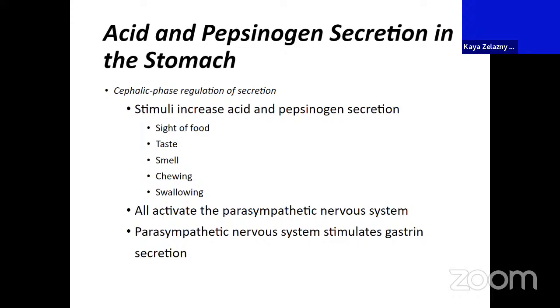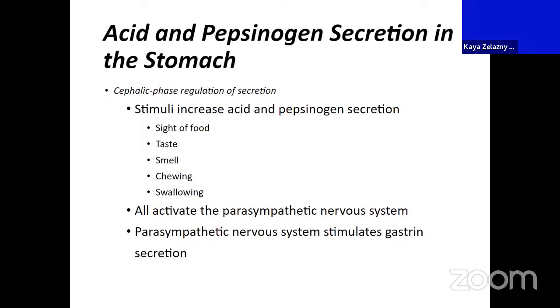You can physically feel swallowing. All of this is sending signals up to the medulla oblongata. And that is going to send out signals through the parasympathetic rest and digest branch of our autonomic nervous system. This is what's going to be stimulating secretion, basically.